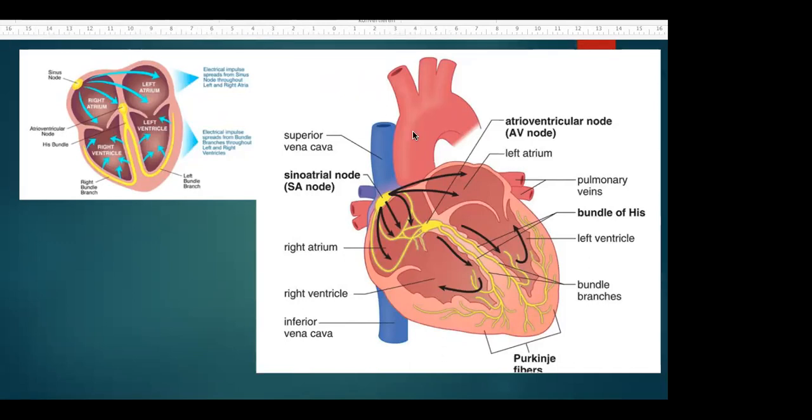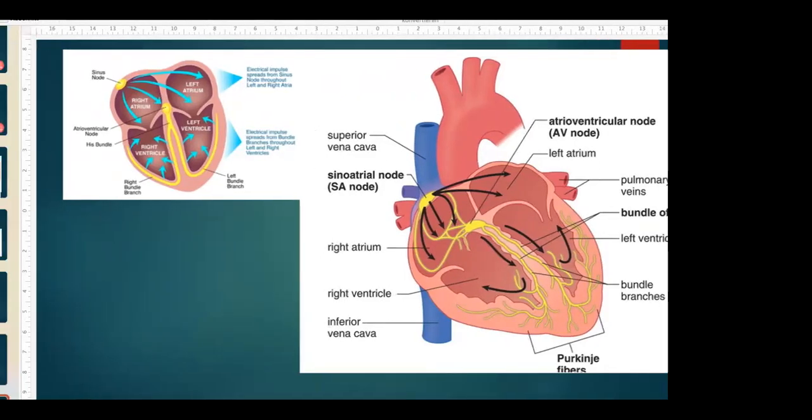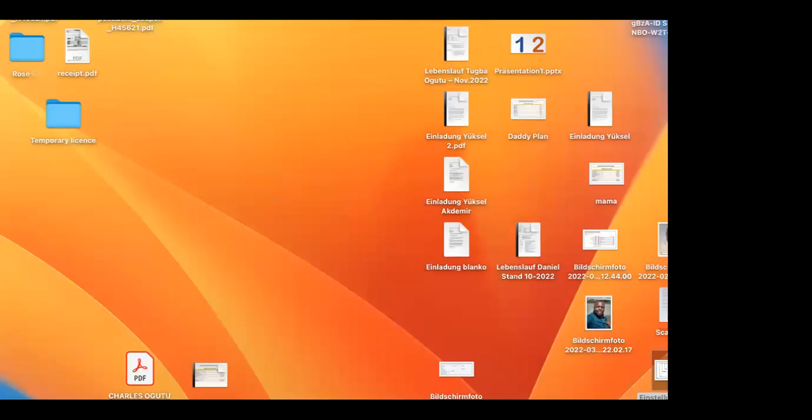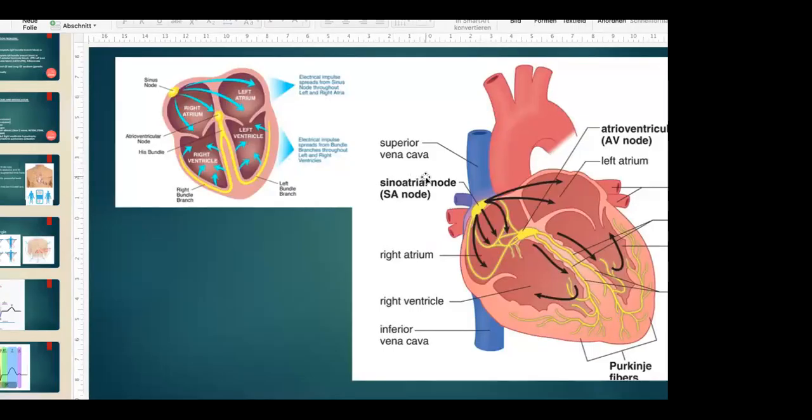Yeah, let me just add something. We talked about the AV block, and we said the second degree might not be that dangerous, but the moment you diagnose the second degree in a patient, you have to monitor this patient closely, because there are cases where the second degree block can, with time, develop into a third degree.